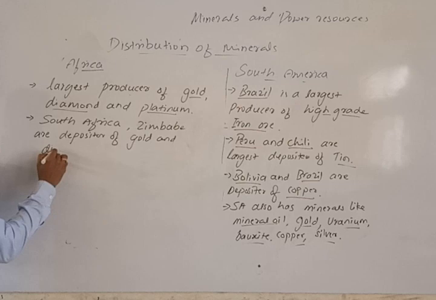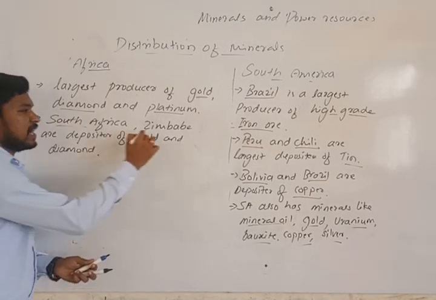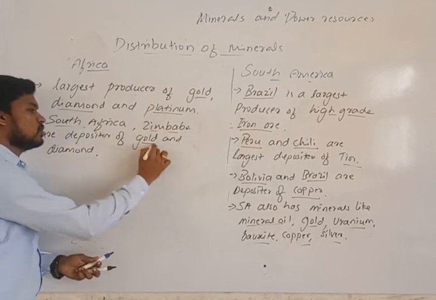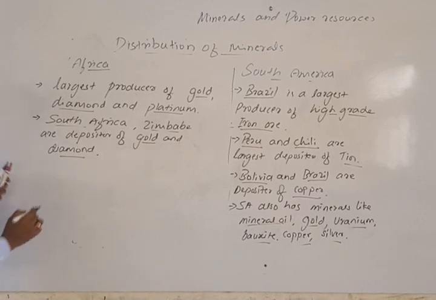These both important countries in Africa, South Africa and Zimbabwe, are having deposition of gold and diamond. These are the two important, highly valuable minerals in the world.